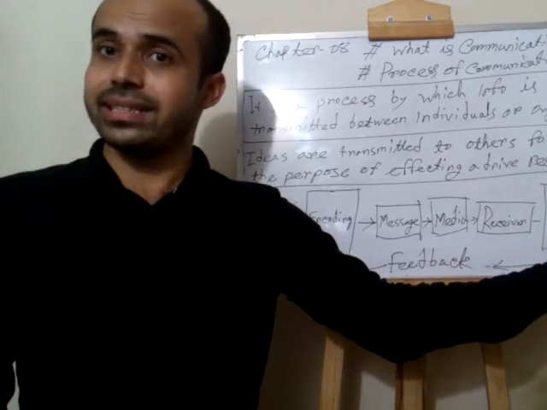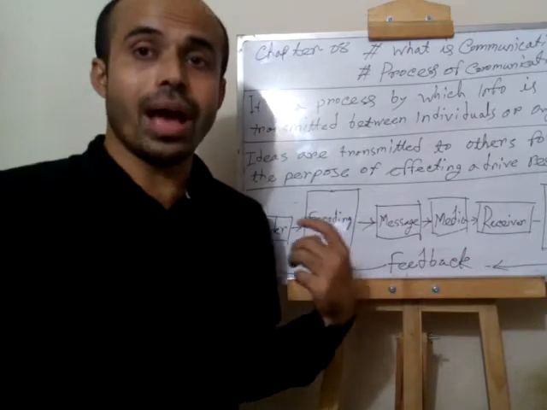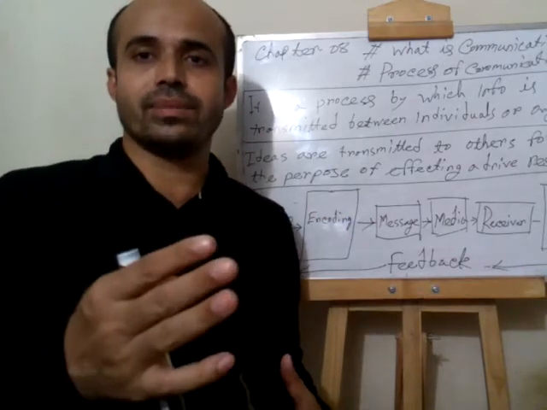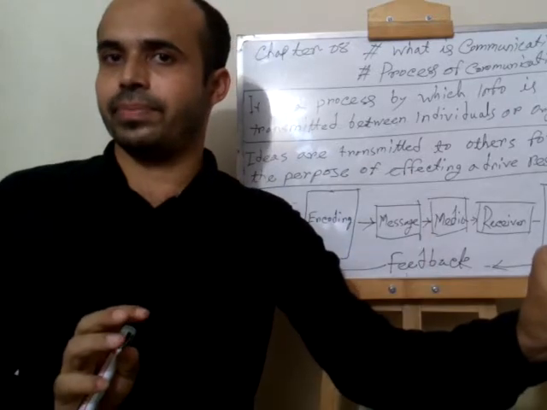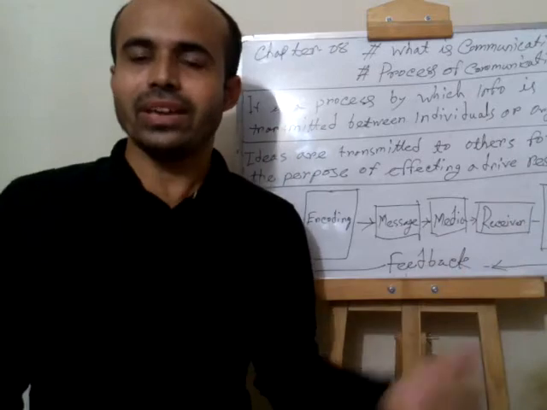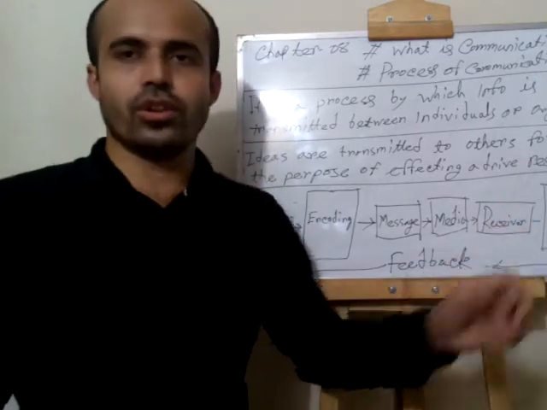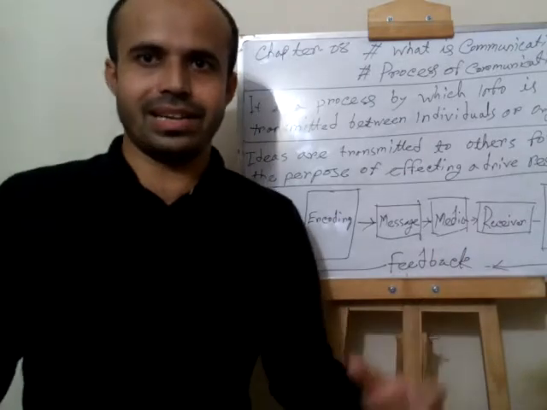Why am I saying that encoding and decoding are very important? Because you have to think about your receiver, what will be easy for the receiver to understand. Suddenly, if I give an example, this person doesn't know how to read or write Arabic letters.